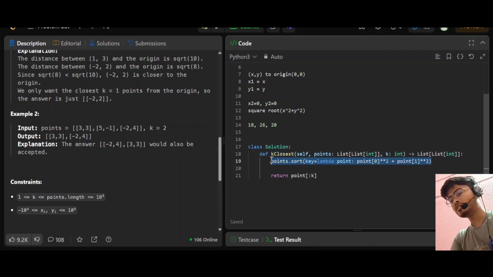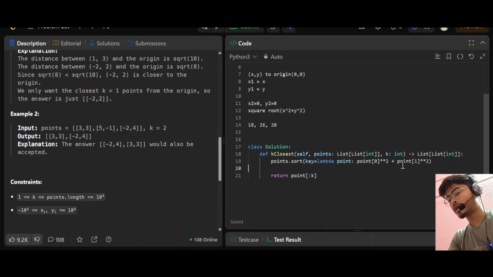We are sorting the list called points. The key parameter tells Python what value should be used to compare the points. For each point, the lambda function calculates this. Here, the zeroth index of point represents the x coordinate and the first index of point represents the y coordinate.